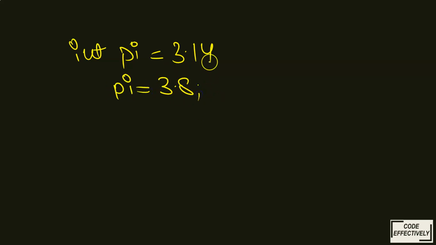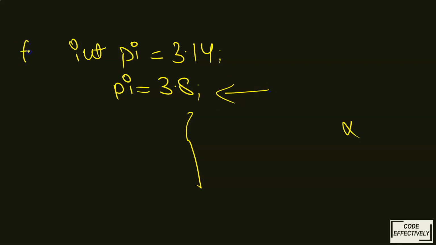Now I could just give you a simple example. Let's say int pi, because we know the value of pi is 3.14. And if some mischievous coder comes and says pi equals 3.8, and we use this value in our program, then our entire mathematical calculations or entire program will go wrong. Now what to do? How to make this pi value constant so that no other mischievous coder can change it?